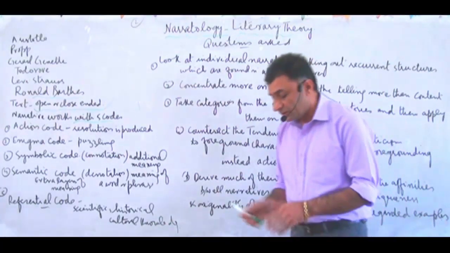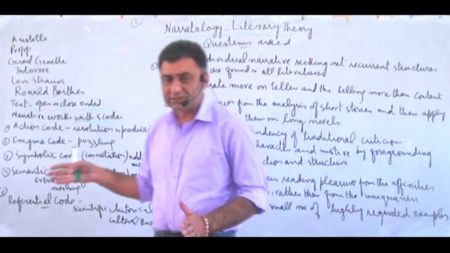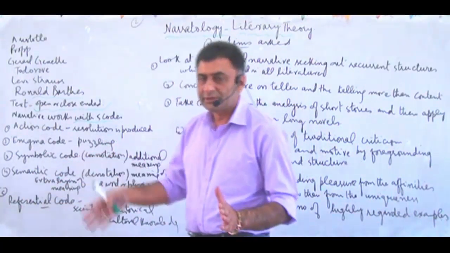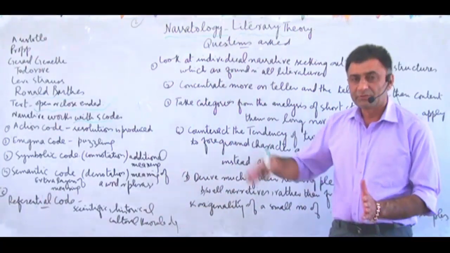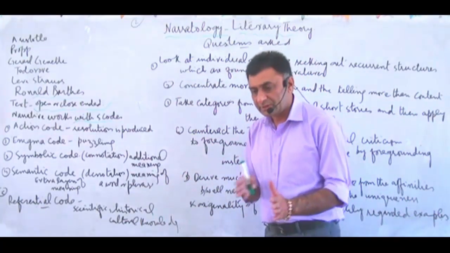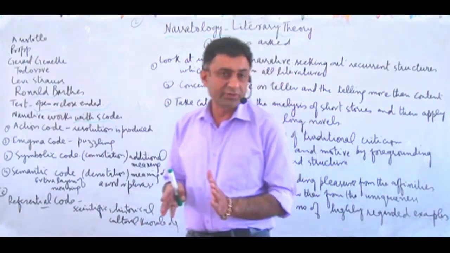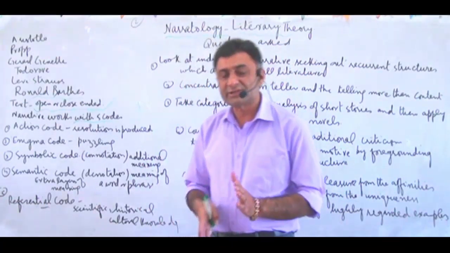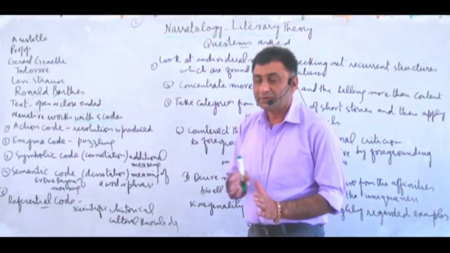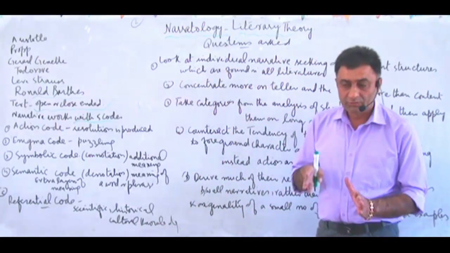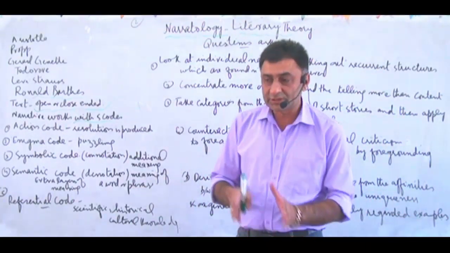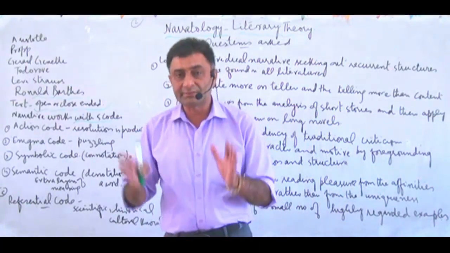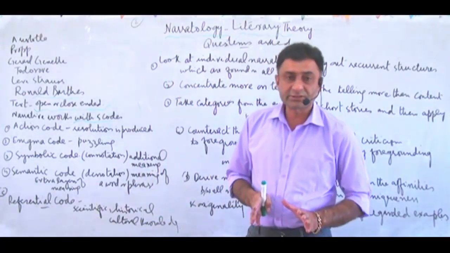Action code. Now what is action? Action means movement of a character from one position to another, from A to B, and it also means that the total story is action. From start to end, that is action, because no story moves ahead without an action. Action tells us who the characters are, what their social backgrounds are, what they want to say, what they want to do, what their resolutions are, what problems and dilemmas they are facing, and what they are going to do.